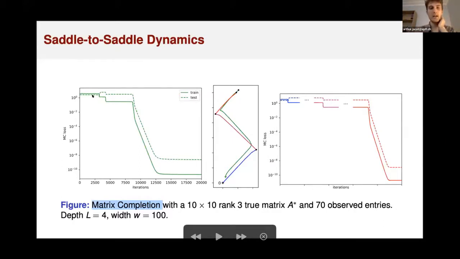What you see here is that there is this plateau. Because you start close to the saddle at the origin, you get stuck at the origin. That explains this first plateau. Then you drop down to a next plateau. That short time is when you jump from one saddle to the next. You get stuck at this second saddle, which you escape again to go to a third saddle before converging to a global minimum afterwards.